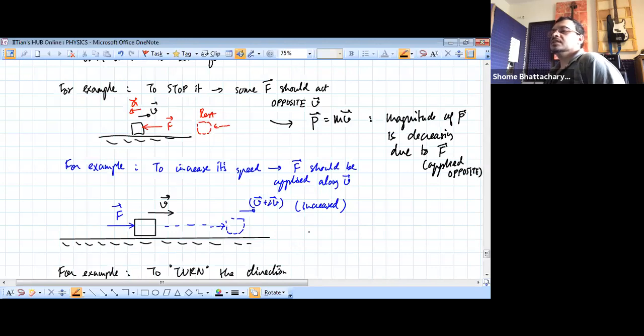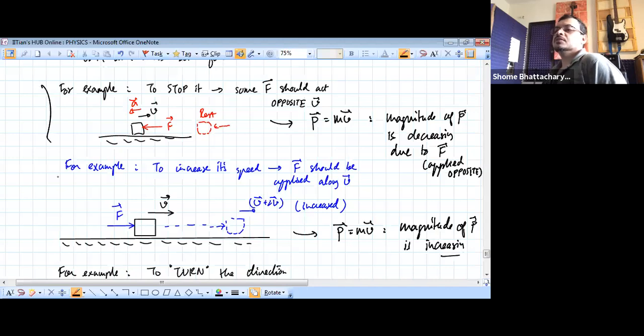Okay. In this example, the magnitude of momentum is increasing. So in both these examples, what is happening?